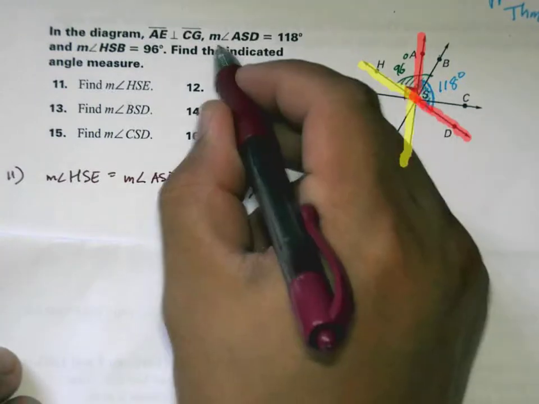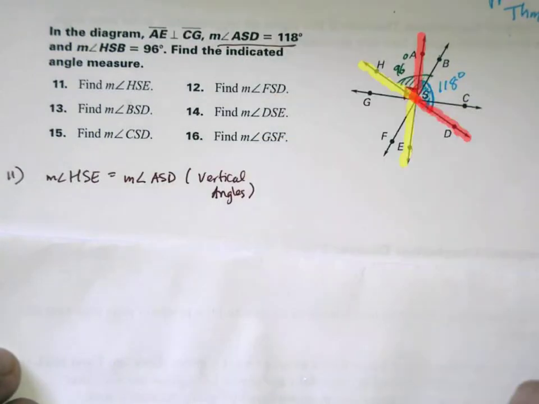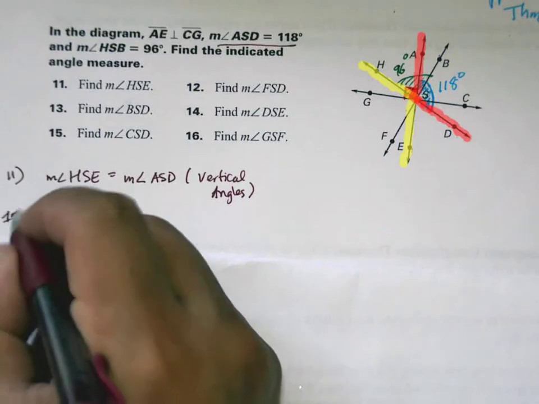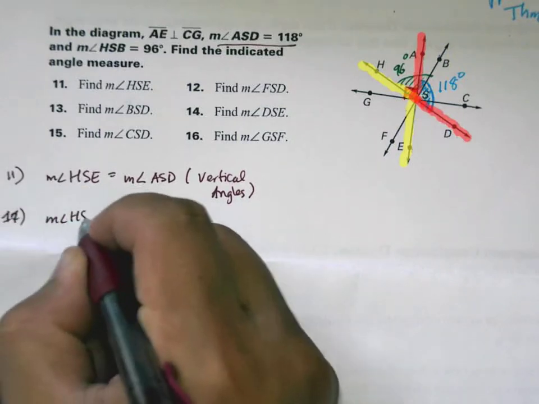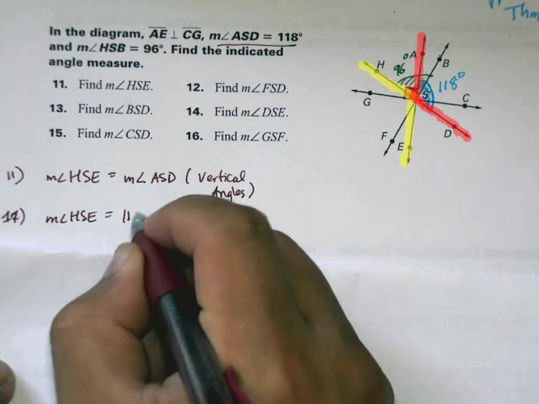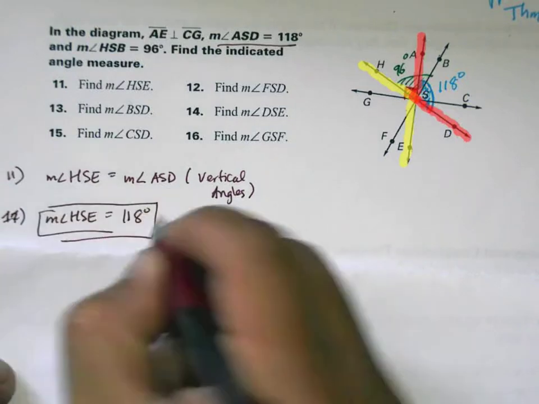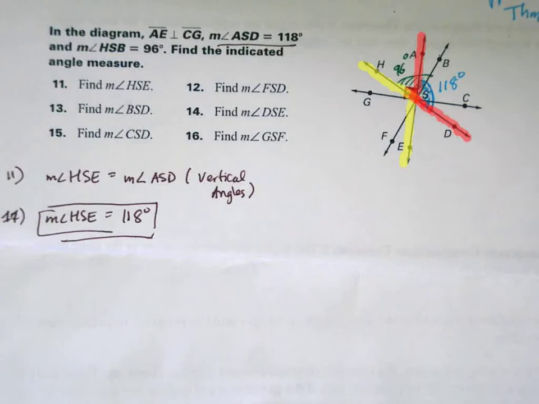So we can conclude very quickly that the measure of HSE is also equal to 118 degrees. I know this picture is a little bit hard to see, but with the highlighting, it's a little bit easier to see that HSE and ASD are vertical angles. All right, let's move on to number 12.